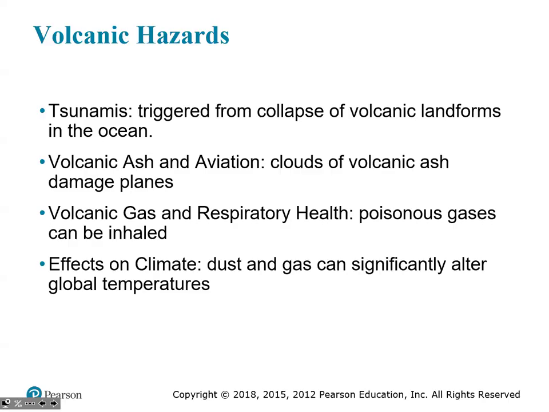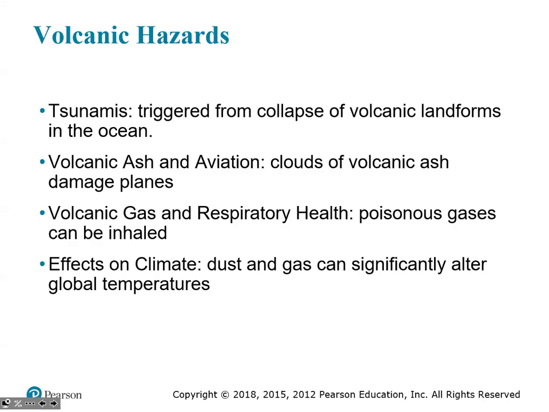And that's because volcanic ash, the volcanic material, it basically forms very sharp, pointy pieces of rock, glass or rock, essentially. And it's extremely abrasive. So it's really bad if it goes into an airplane engine. It's very damaging to an airplane engine.